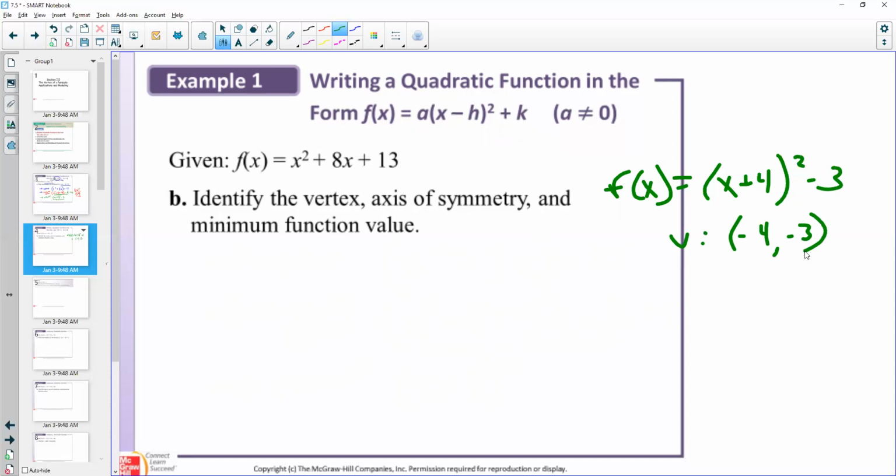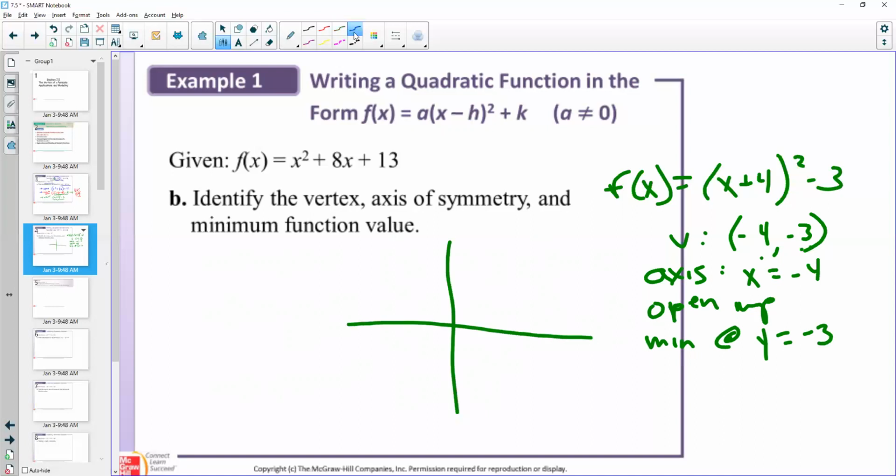I know the axis goes through the x value. Axis of symmetry at x equals -4. I know my graph opens up because that's a positive in front of the parentheses. I know the minimum, if I think about it, the minimum y value, it's got a minimum at y equals -3.